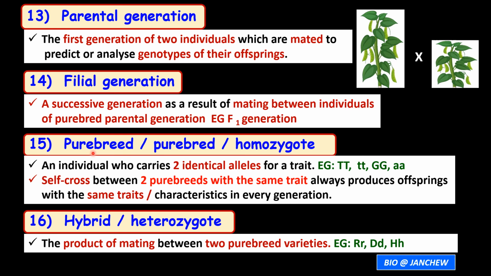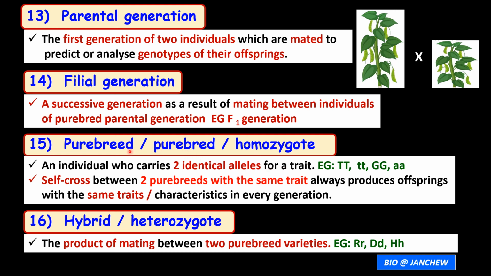Now, purebred actually refers to a homozygote, right? Textbooks use the word purebred, so we'll use this. But from other sources, the word homozygote may be used. So actually, they are homozygotes. A homozygote is an organism that has two identical alleles for a trait, right?